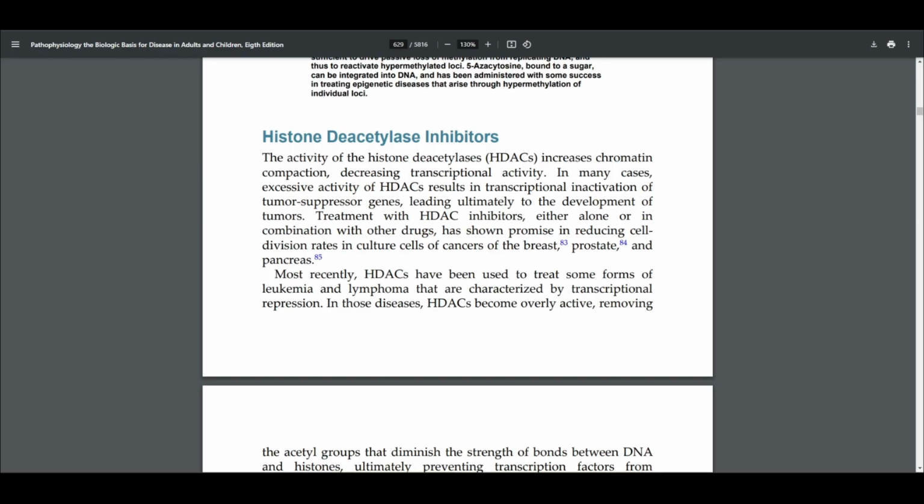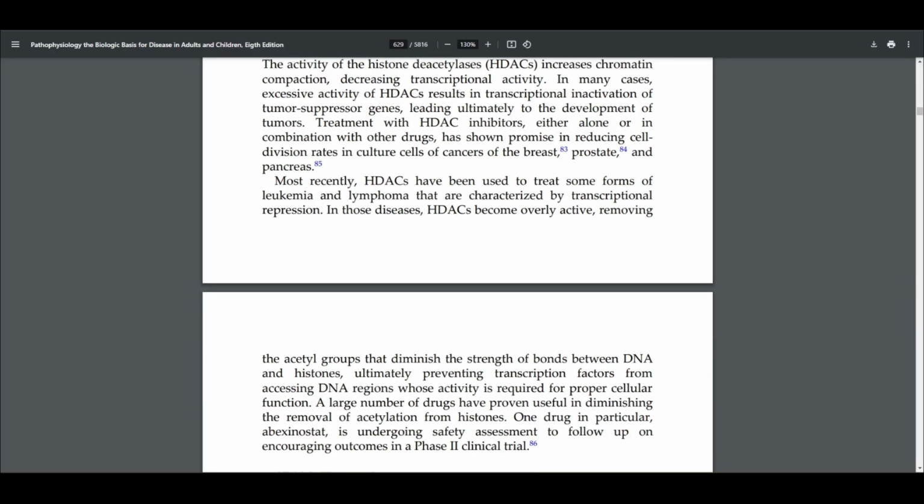In many cases, excessive activity of histone deacetylases results in transcriptional inactivation of tumor suppressor genes, leading ultimately to the development of tumors. Treatment with these inhibitors, either alone or in combination with other drugs, has shown promise in reducing cell division rates in cultured cells of cancer of the breast, prostate, and pancreas.